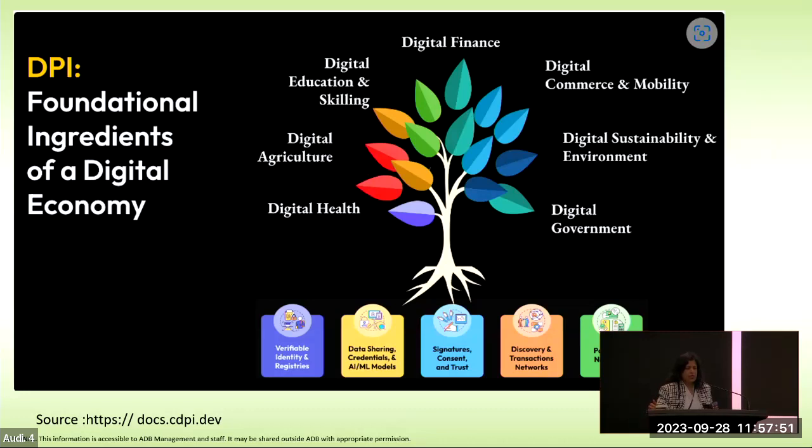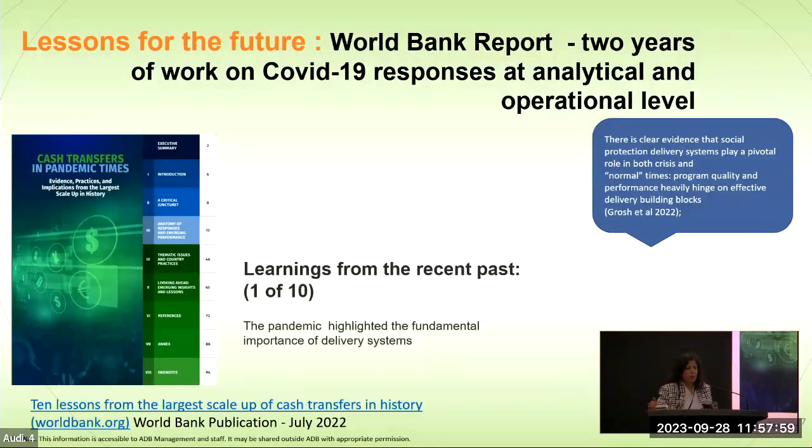Then how does DPI benefit social protection delivery? If you see in the next slide, all the lessons that we have learned from the COVID response. From the past, we see that delivery systems played a key role, which we saw in the first slide. But what is the lesson for the future? Anybody?